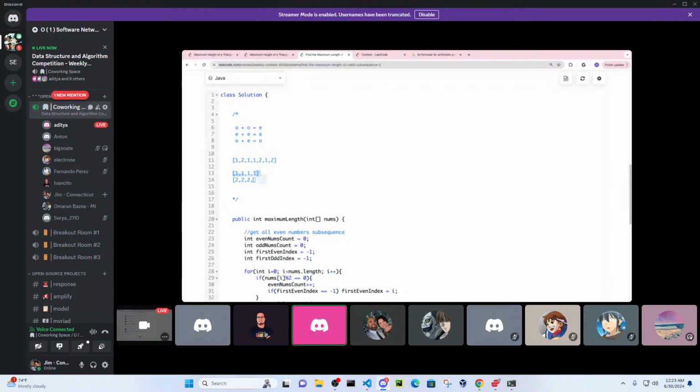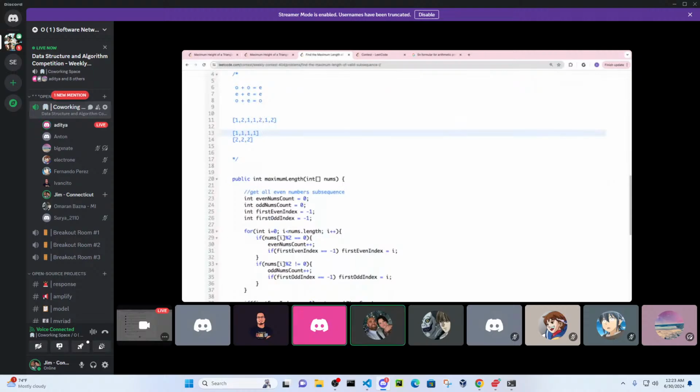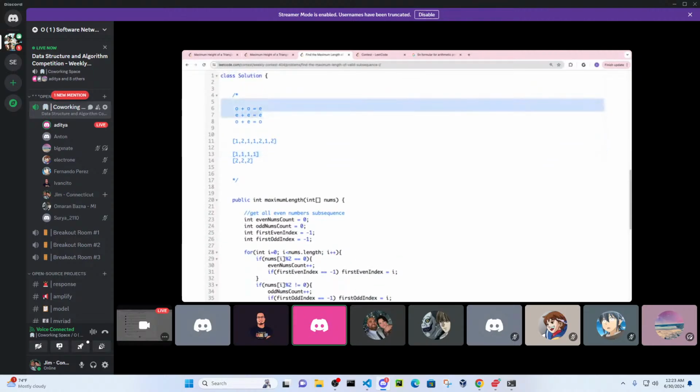3 2s, okay, yeah. Now if you apply this valid sequence logic, these 2 will satisfy it, because you have inferred from this logic that since they are all even, if you add any 2 consecutive numbers, you will get the remainder as 0 when you take mod 2.